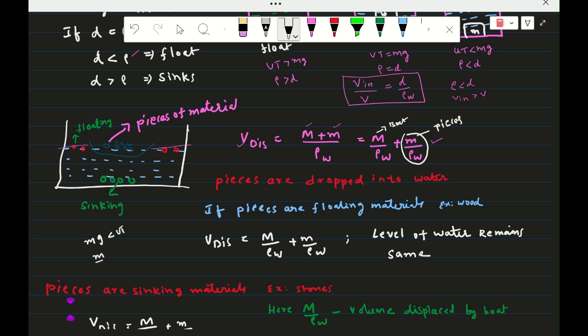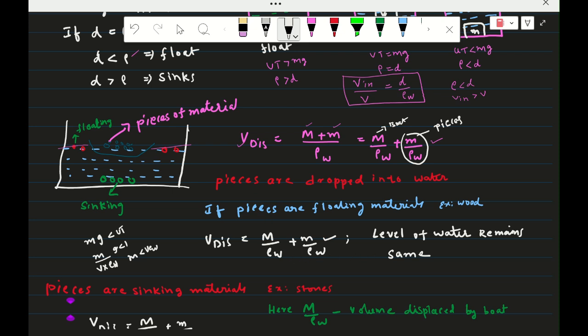Here upthrust means volume into density of water into g. So g gets cancelled, so m is less than V rho w. So m by rho w is the volume displaced by floating material.